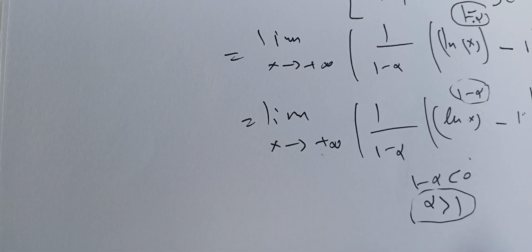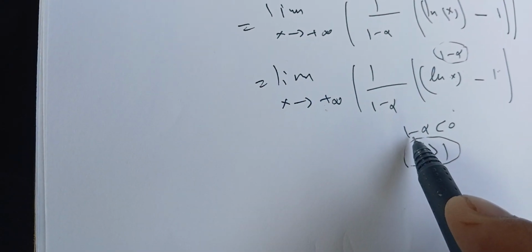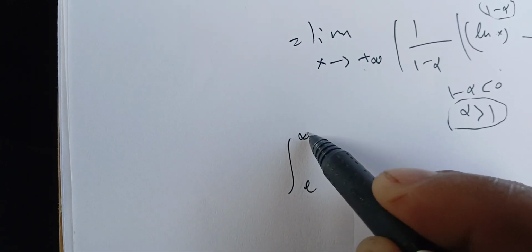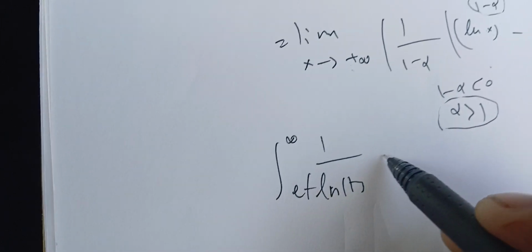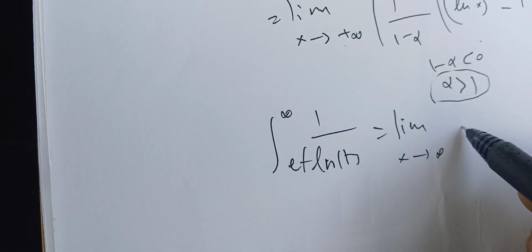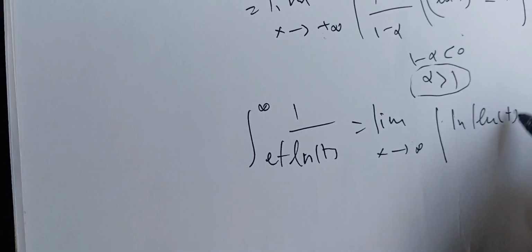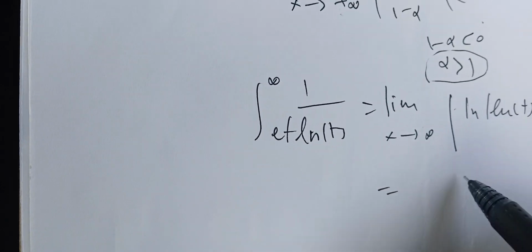There is one more case, when alpha is 1. When alpha is 1, we have the integral from e of 1 over t ln of t. So the limit as x goes to infinity, the primitive here is just ln of t between e and x, and this is infinity.